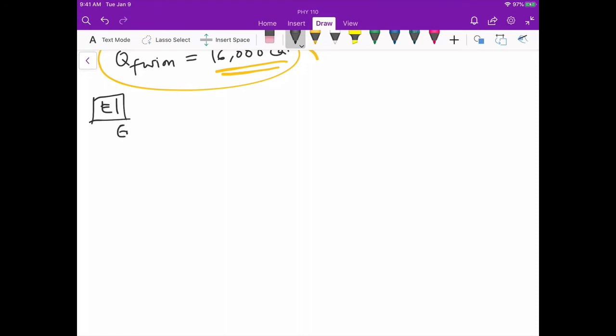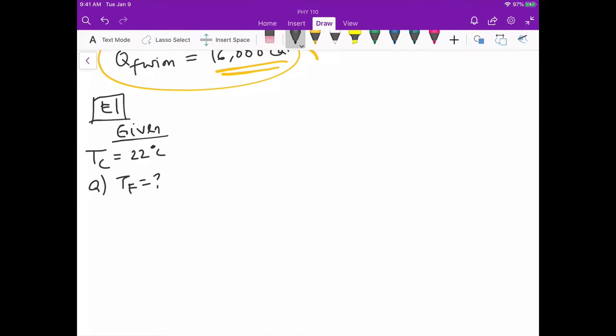So its temperature in Celsius is given. Then question A is, what is its temperature in degrees Fahrenheit? So A is its temperature in Fahrenheit equals what?